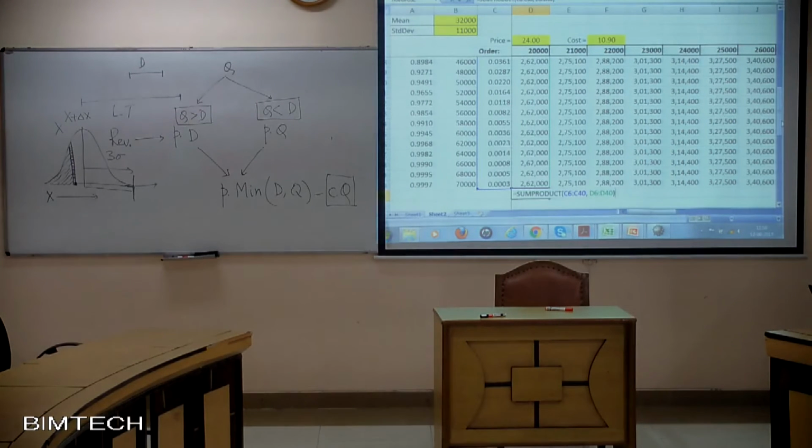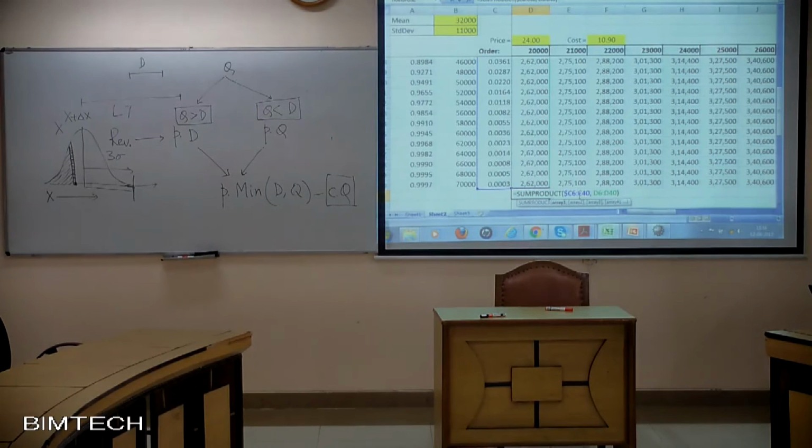Now please, once again, because we are going to drag this formula horizontally to cover all different values of Q, the profit columns will keep changing, so I don't need any protection there. But I do need a protection for our probability column. I don't want the probability column to change as we drag the formula to the right. And to protect the probability column, which is column C, I'm going to simply add a dollar sign here.